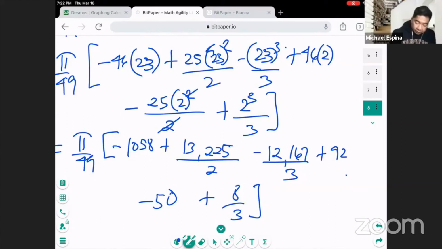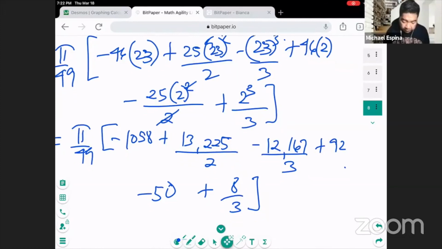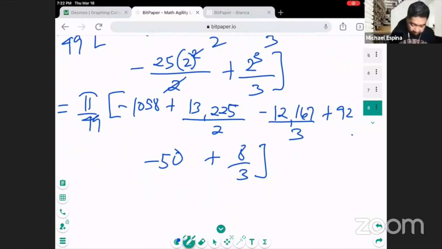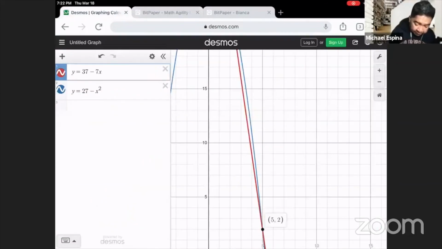Okay, let's try to simplify this, so that we have a fraction and we have whole numbers here. So let's try pi over 49. So let's try decimals.